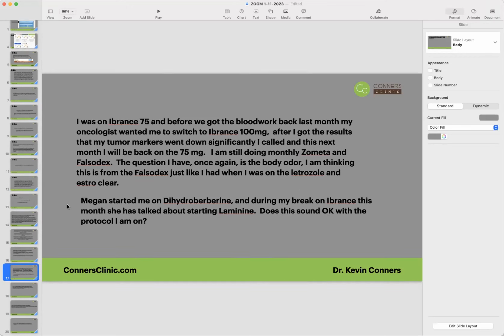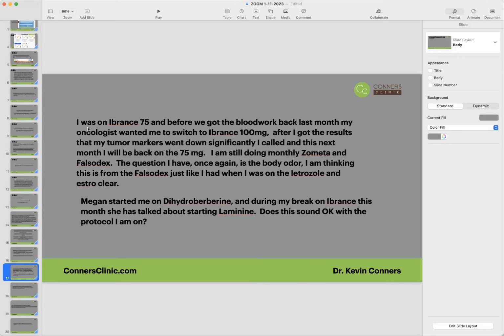This is another question from the same person that's on Ibrance. Ibrance is a daily use chemotherapy for breast cancer and some other female cancers, and that definitely is going to affect your liver. So there's your alkaline phosphatase problem. Also taking monthly Zometa and Faslodex. Question I have, once again, is body odor.